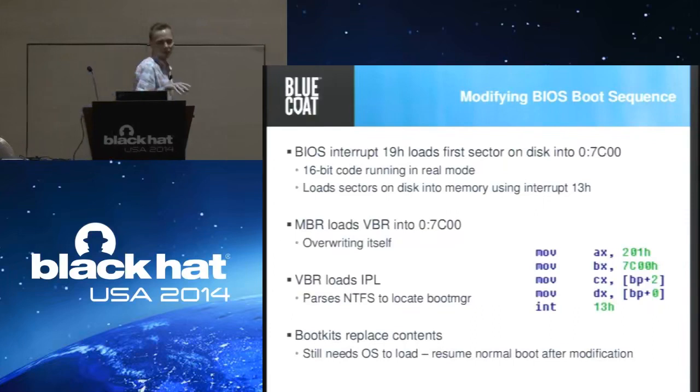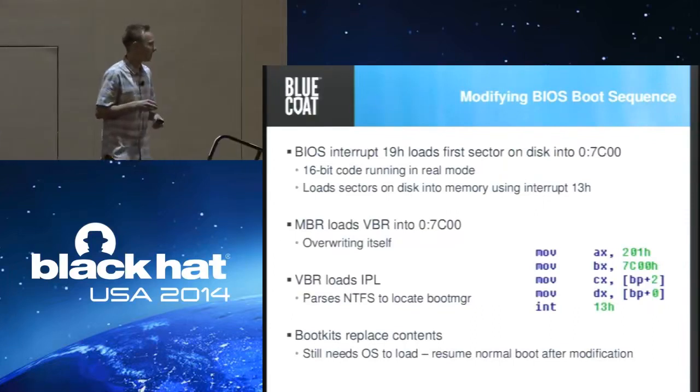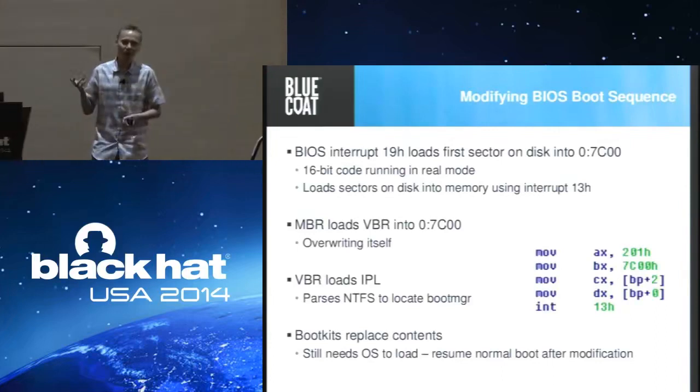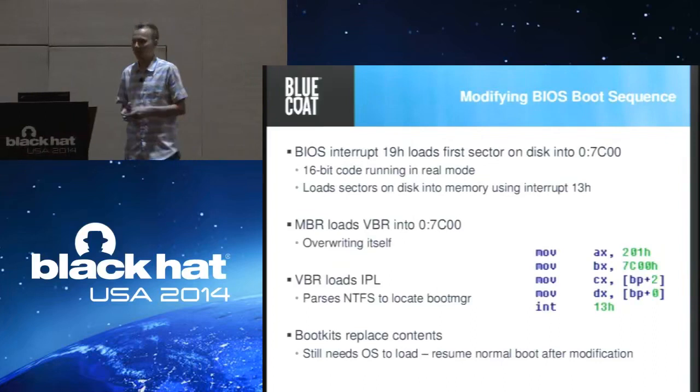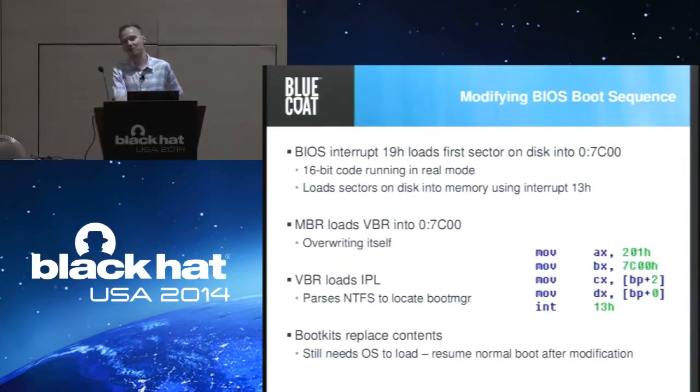This is a segmented memory address, which is confusing to work with, but it means that the code segment is set to 0 and the offset is set to 7C00. And this will always be the case. So the code in the MBR expects to be loaded here, and there's no relocation or anything. It has to be loaded there to work.